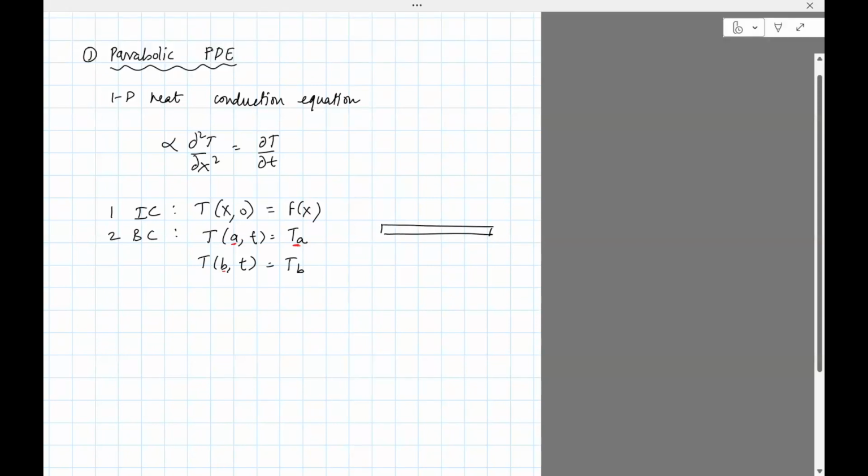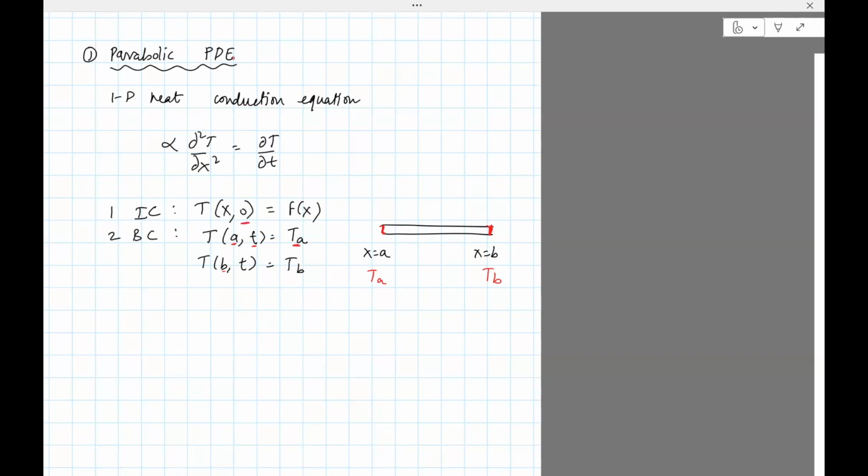Let's say this is x equals A, this is x equals B. The temperature here is T_A, here it's T_B, and it remains T_A and T_B at any point of time. Just imagine you're heating up these ends and subjecting them to some temperature. That temperature stays like that.